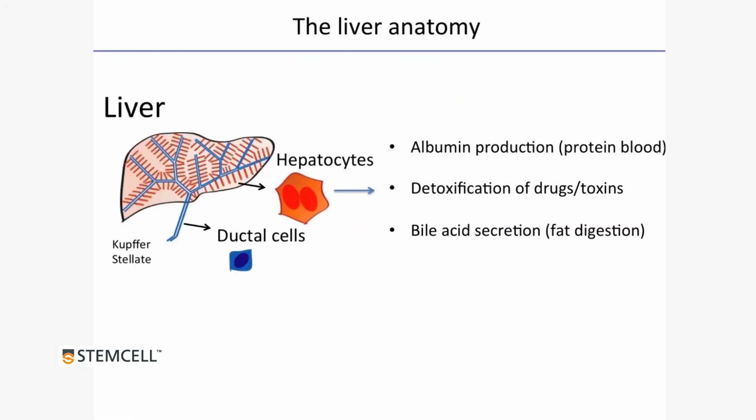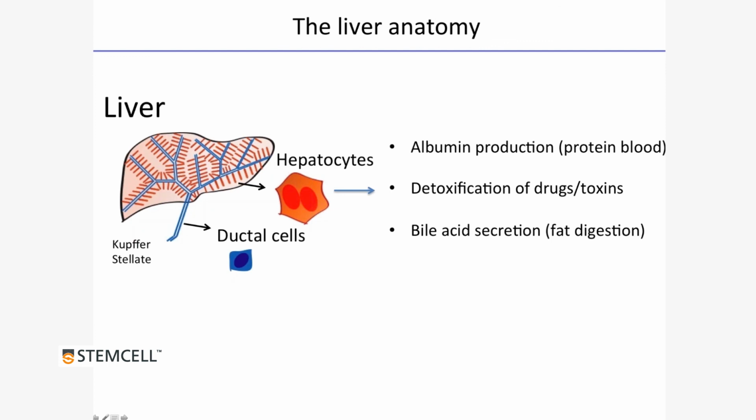As most of you will know, the liver is actually the biggest internal organ in our body. And it's mainly formed by these cell types that we call hepatocytes, which are the true functional cells of the liver. They secrete albumin, they detoxify drugs, they produce bile acid, and these hepatocytes are surrounding this network of biliary ducts that are formed by ductal cells.